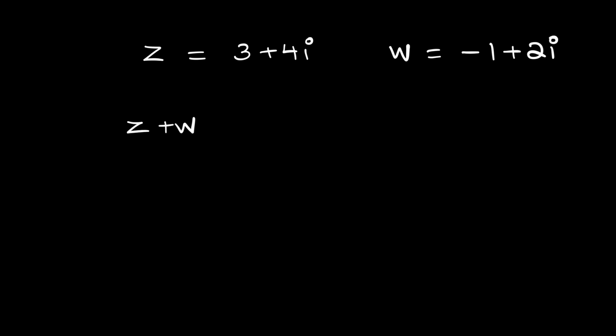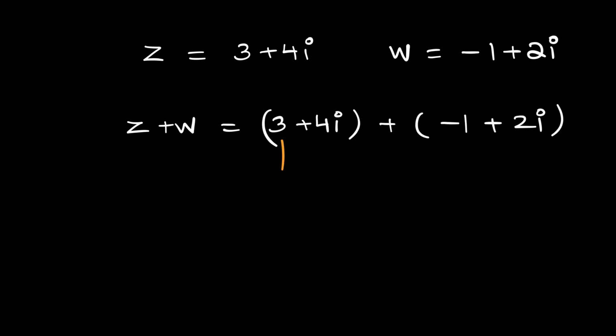For example, if I say z is 3 plus 4i and w is minus 1 plus 2i, if I add z and w, so 3 plus 4i is being added to minus 1 plus 2i. This is the real part of z, this is the real part of w. These two will be added, so 3 plus negative 1.